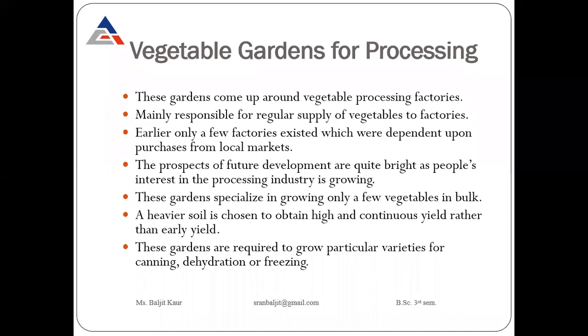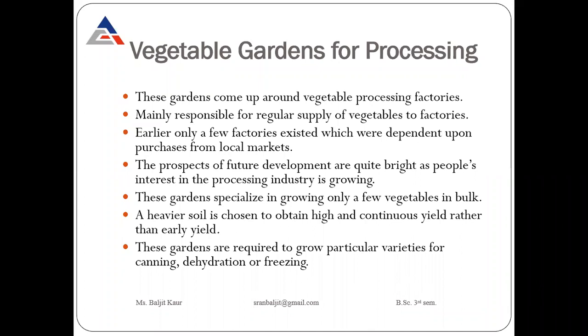The prospects of future development are quite bright as people's interest in the processing industry is growing. These gardens specialize in growing only a few vegetables in bulk, right? So in a factory of tomato sauce or tomato chutney, there will be gardens of tomatoes, right? So these gardens are specialized in only a few vegetables which are processed, right?